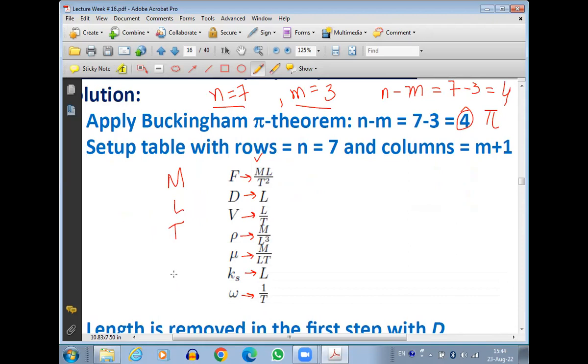Now what we need to do is, this is a step-by-step method. In each step, we are going to eliminate one variable.